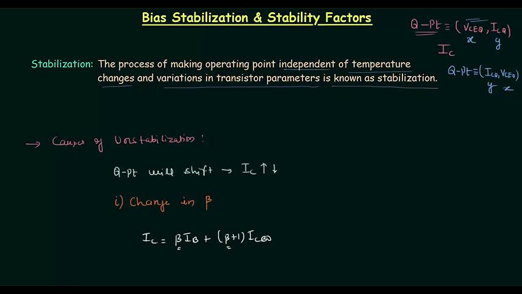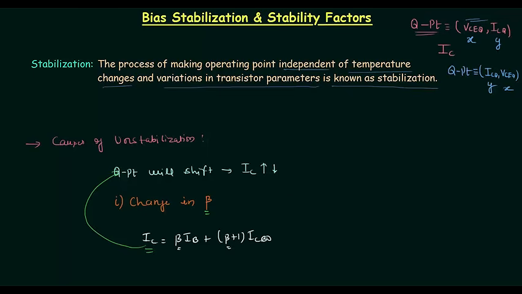Now what is the reason for change in beta? Beta is the amplification factor for the given transistor and it is constant. So if we replace the transistor with another transistor, beta will change as no two transistors have the same beta values. So if you replace the transistor, beta will change and also the collector current, and this will lead to the change in operating point.